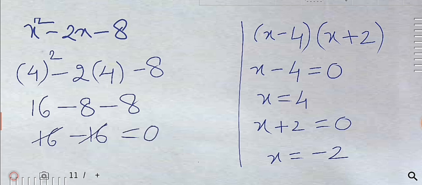So we got 0. So we can say x equal to 4 is a zero of the quadratic polynomial.